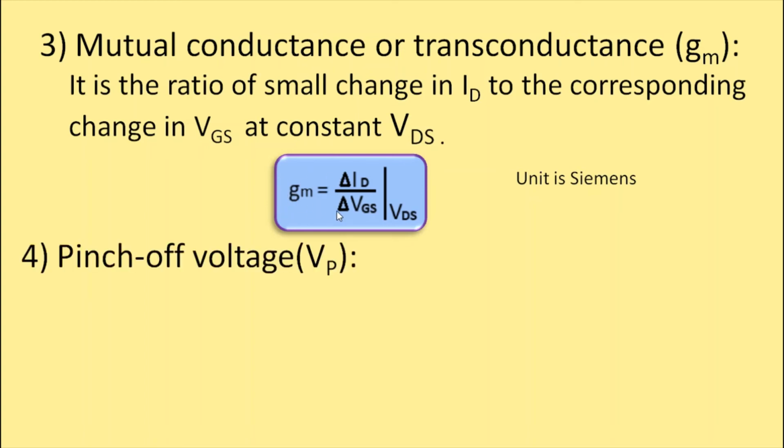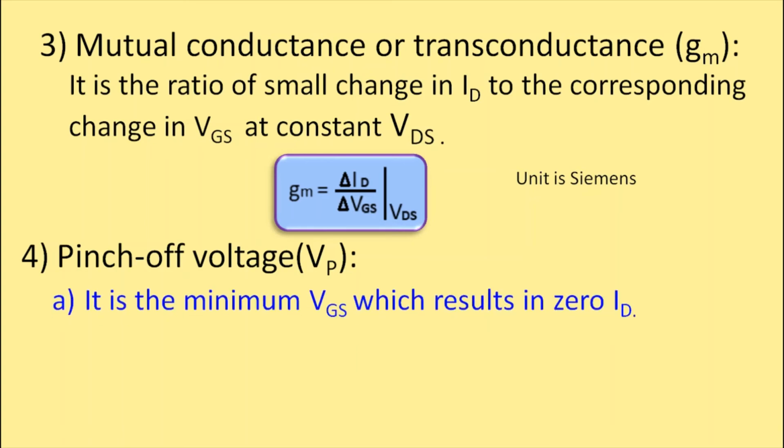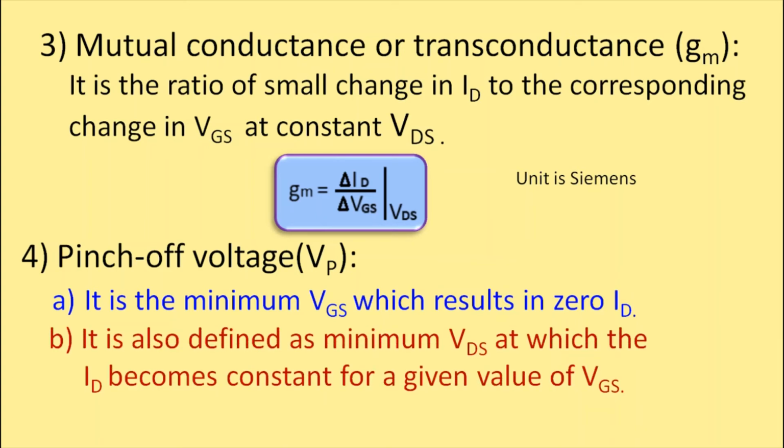Moving to the next one, it is pinch-off voltage. Now students, pinch-off voltage can be defined in two different ways. One, it is the minimum VGS which results in zero drain current, and the second one is defined as the minimum VDS at which the drain current becomes constant for a given value of VGS.